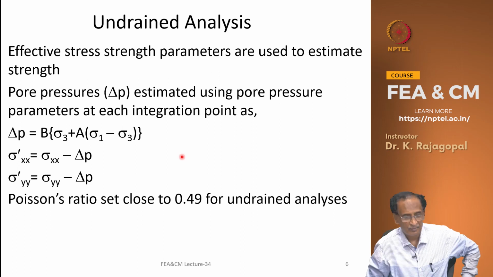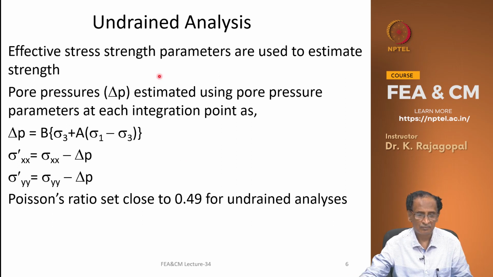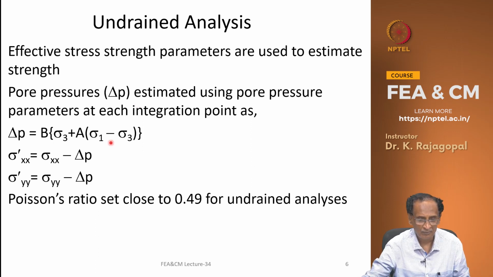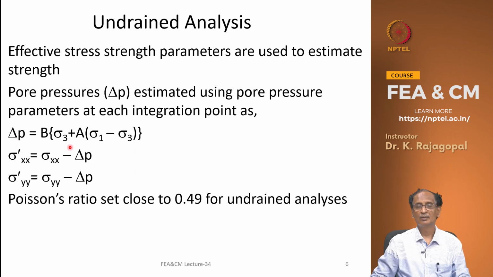Once you estimate the pore pressures by some other means, either by using Henkel's method or Skempton's method, we can estimate the effective stresses. Here you see Skempton's equation for estimating the pore pressures in terms of the two principal stresses.